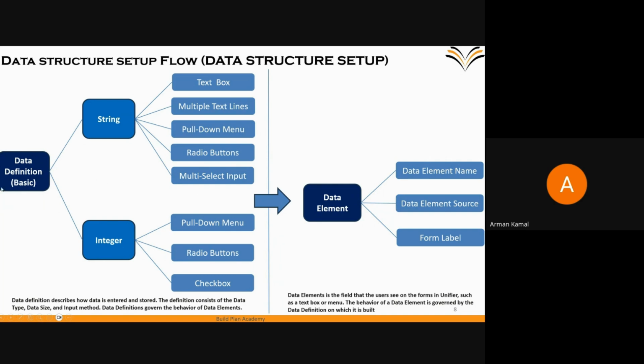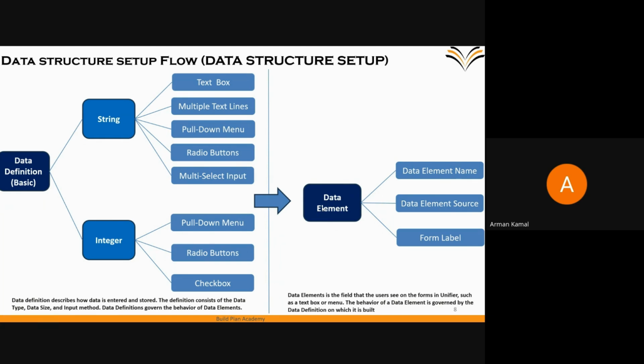Data definition is the place where you are going to enter and store the data: what type of data, what is the size of data. All of these you are going to define here. And a data element is the field which will be used by different processes in the future.